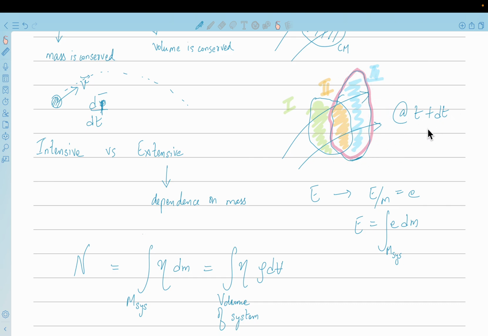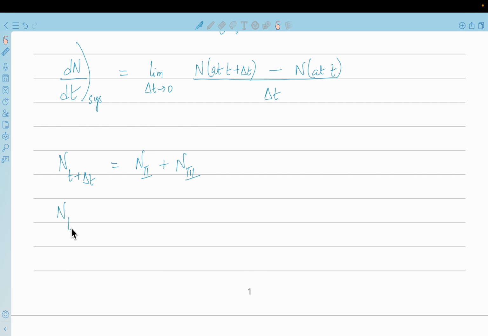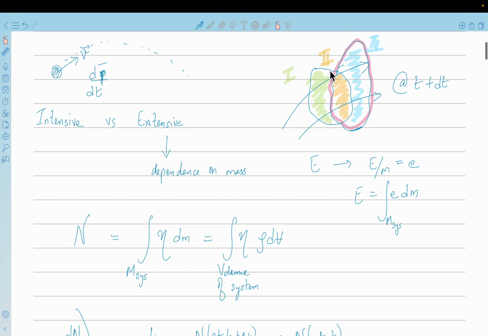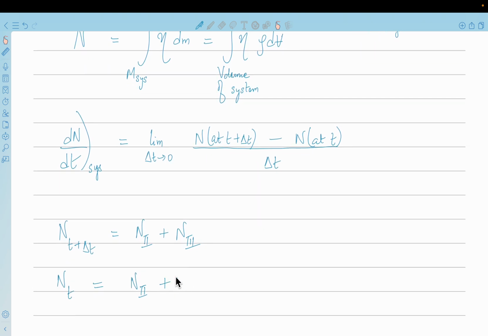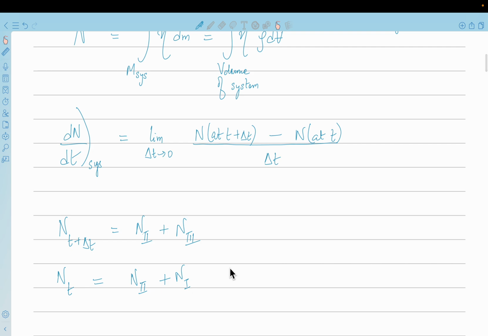So N at t plus dt comprises region 2 and region 3. So I can write this as N at region 2 plus N at region 3, whereas N at time t is N at region 2, that is common. If you see in this picture, it is common, and N at region 1 is the additional. This is clear? I hope this is clear.